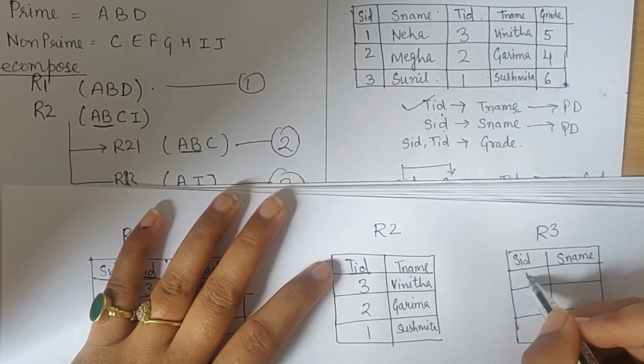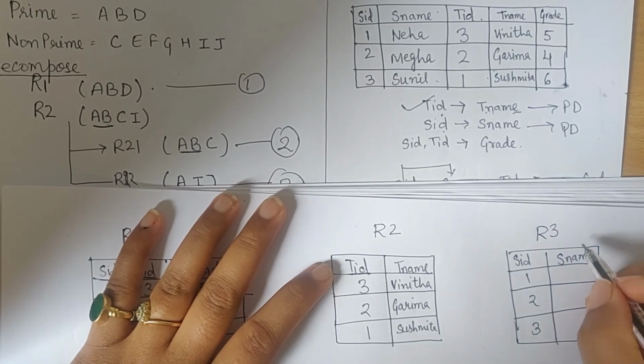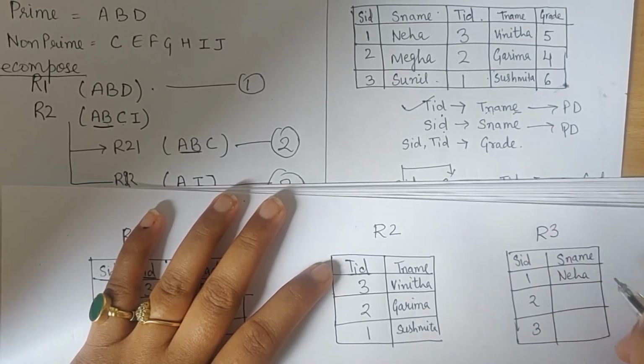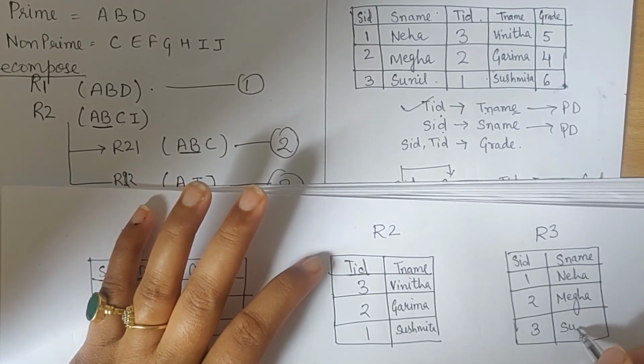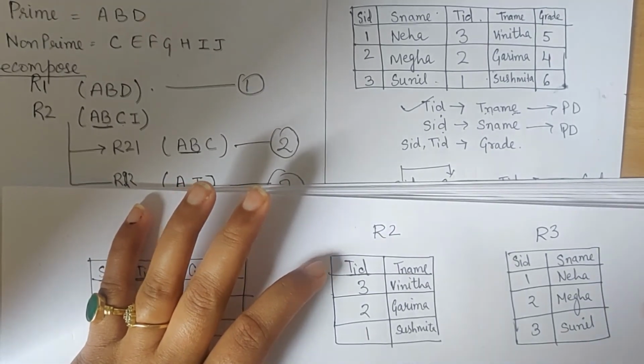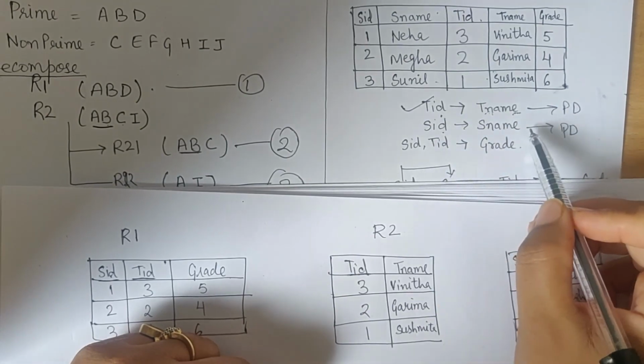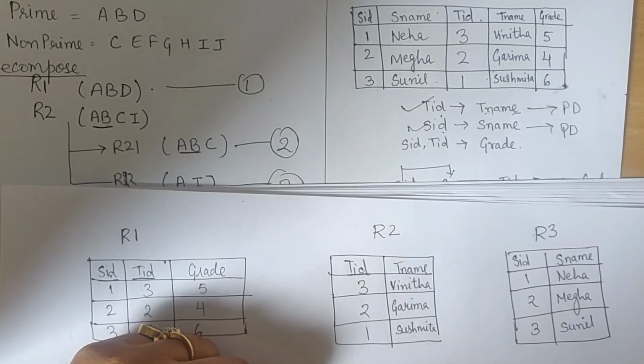The names of students are Neha, Megha and Sunil. That's it. SName further doesn't determine anything. So this problem is solved.